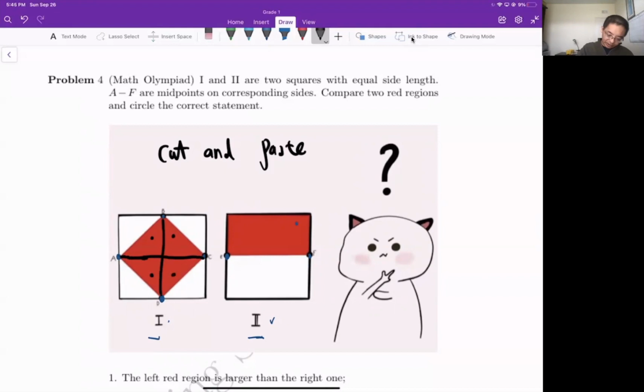So the way I do it is I'm going to move this part to the top. Let's say I removed this part, so it's gone, and it goes to the top. And similarly, I'm going to move this one to the top, so the right lower triangle goes to the top.